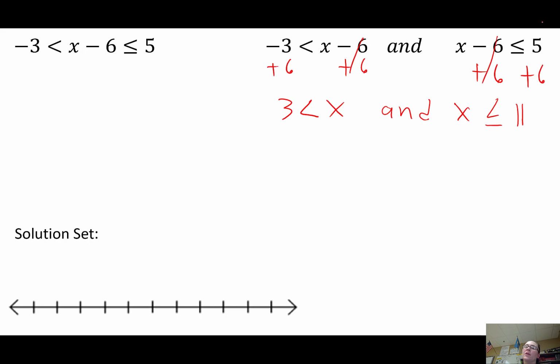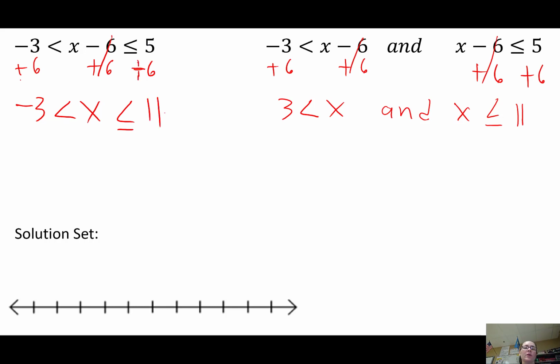Now from the original, I could work this out just as it is. I don't have to split it into the 2. All I have to do is add 6. I get -3 plus 6, 3, is less than x, which is less than or equal to 11.